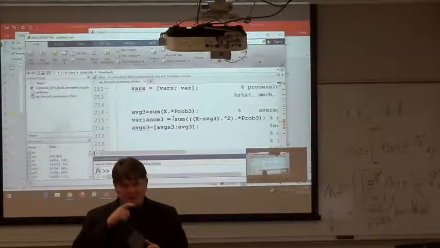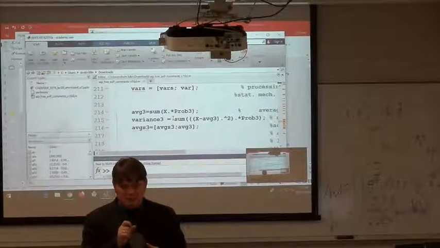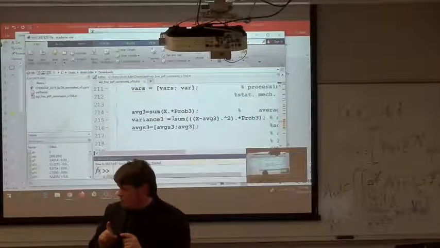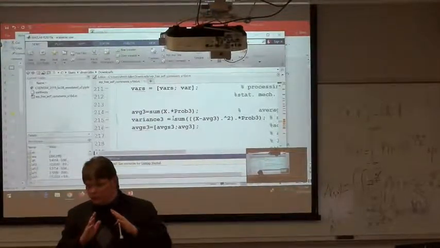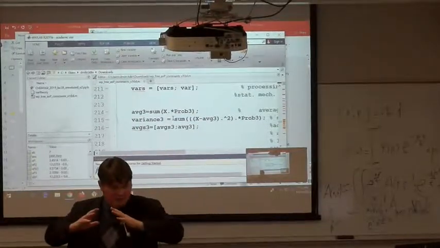In this code, at the very top of the code, there is a variable x var, which sets up the initial width of the wavepacket. Okay? But you notice as time goes by, the numerical representation of the wavepacket increases its width. Right?